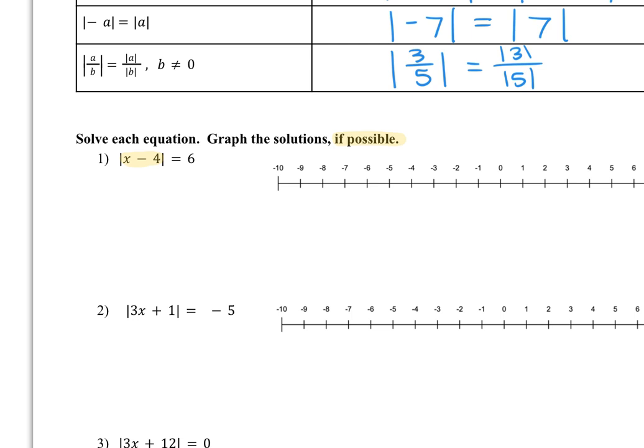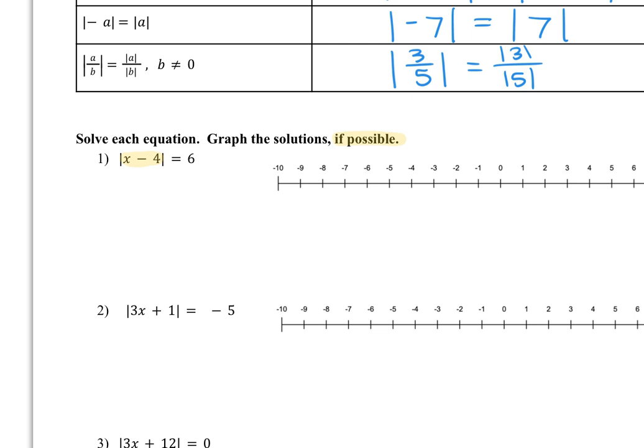Because remember we talked about this property, the second to last one. We said the absolute value of a negative number is the same as the absolute value of a positive. These absolute value bars around the x minus 4 tell me that the inside could be negative 6 because I haven't taken the absolute value yet, or it could be positive 6 because, again, I haven't taken the absolute value yet.